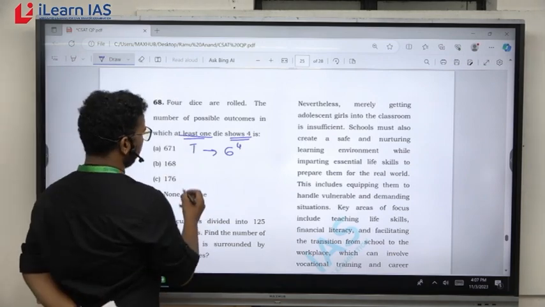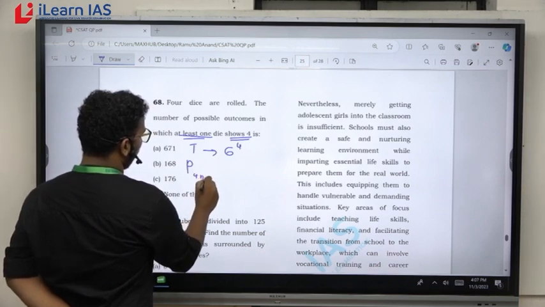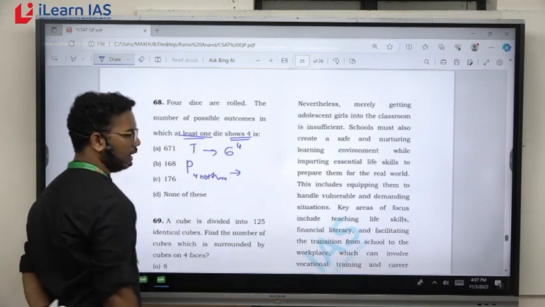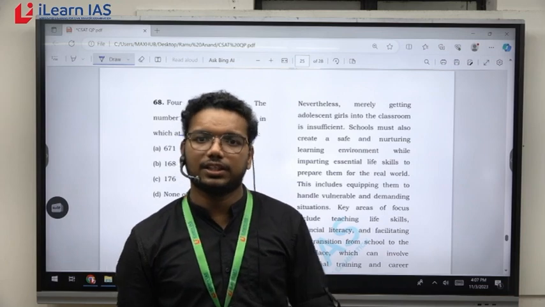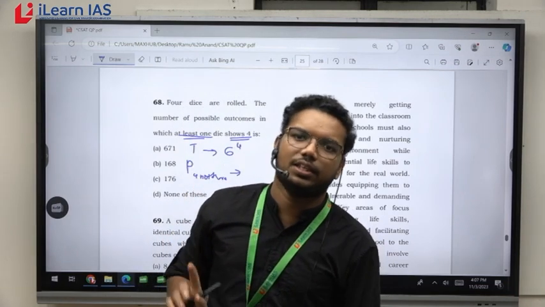ഇനി possible outcomes in which 4 not there. ഇപ്പൊ എത്ര എണ്ണം വരാം? 4 വരാൻ പറ്റൂലെങ്കിൽ ബാക്കി 5 എണ്ണമല്ലേ വരാൻ പറ്റുള്ളൂ. 1, 2, 3, 5 and 6.